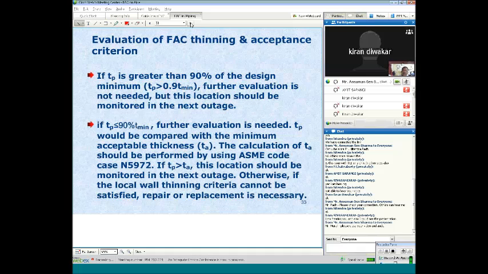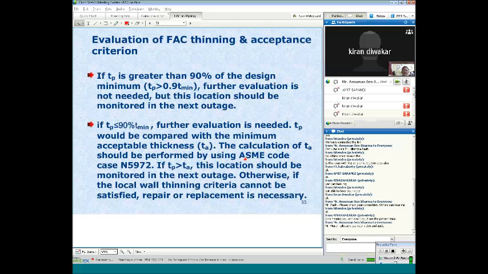Then this CP has to be compared with another thing that is called minimum acceptable thickness, TA. The calculation of TA can be done by following the ASME code case N597-2. If your predicted thickness is more than T acceptable, calculated from this section, then this location should be monitored in the next outage.